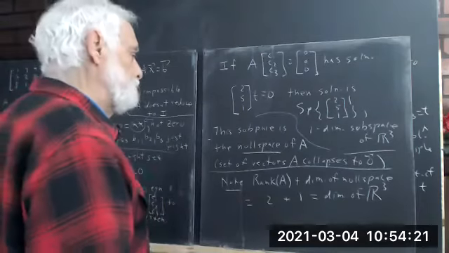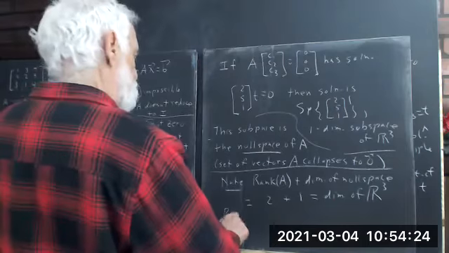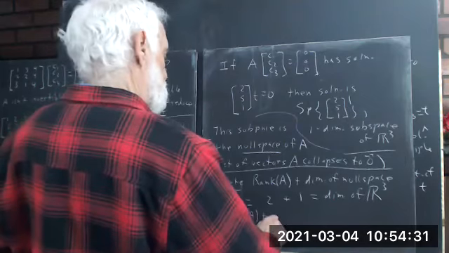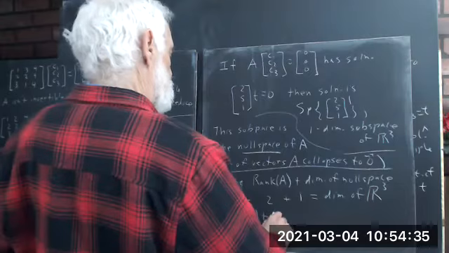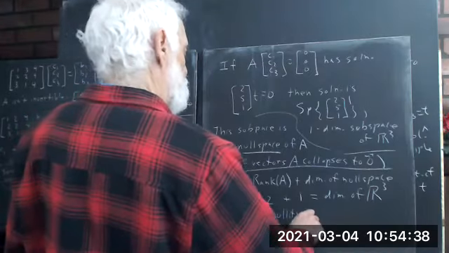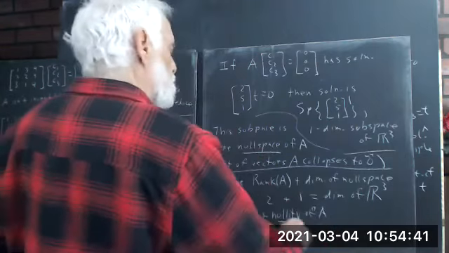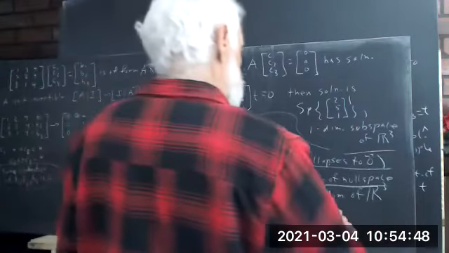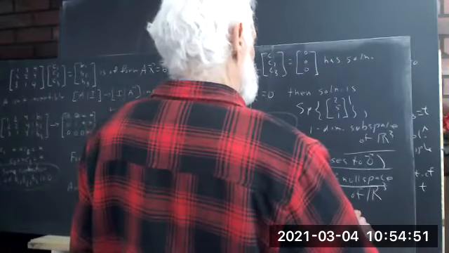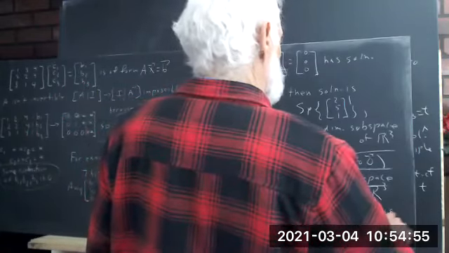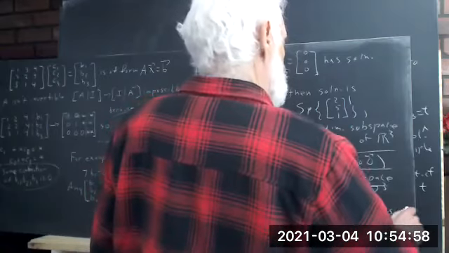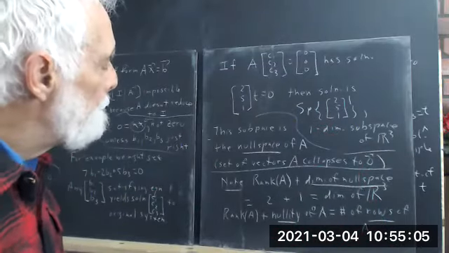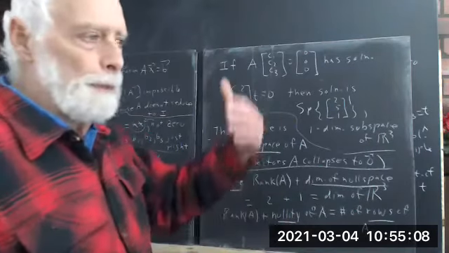In general, the rank of A plus the nullity of A, and the nullity is the dimension of the null space, is equal to the number of columns of A. Now you can also talk about what happens to the column space.